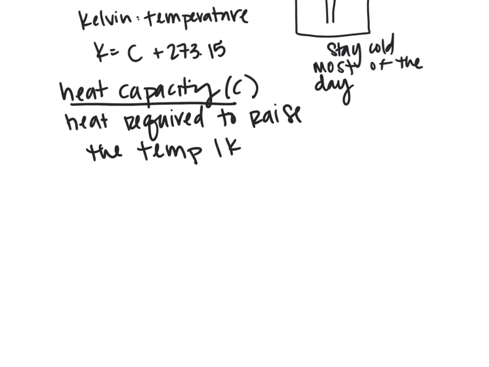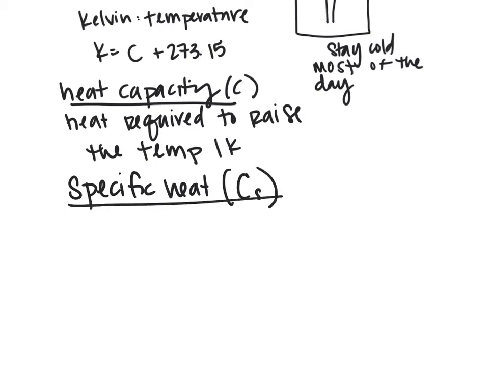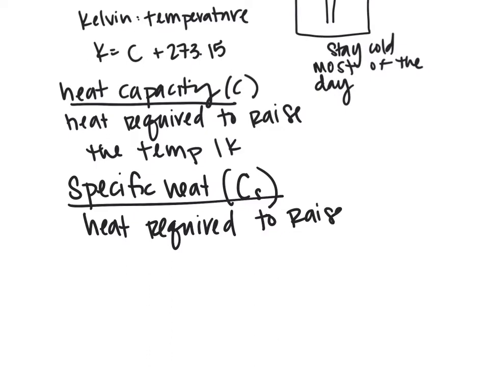Now we're going to think about specific heat capacity, which is C subscript S. And this is the heat required to raise 1 gram by 1 Kelvin.